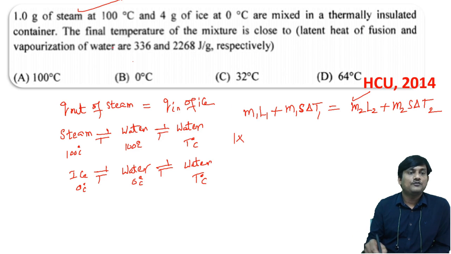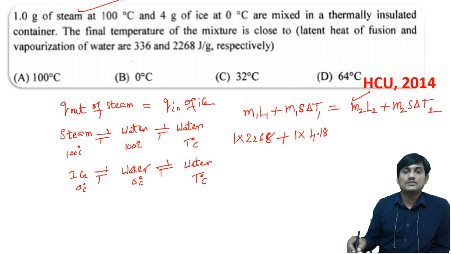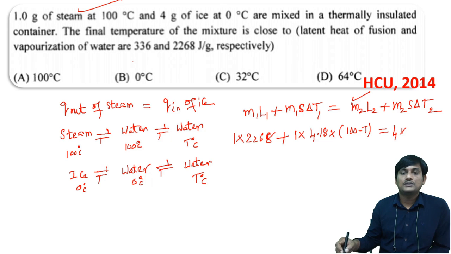Latent heat of vaporization is 2268, plus M1 S: 1 into S, which is 4.18 in joules (in calories it is 1 calorie), and delta T is 100 minus T, is equal to, what is M2? 4 grams, 4 into 336 plus 4 into 4.18 into, what is the temperature difference?